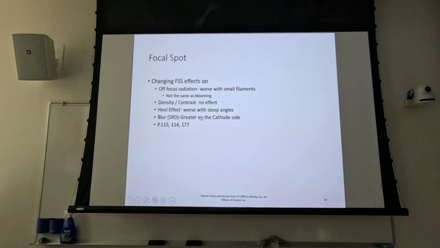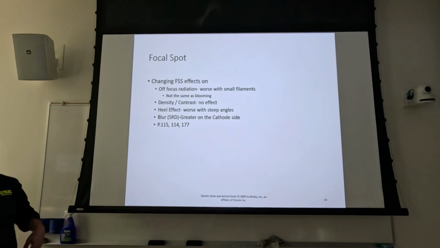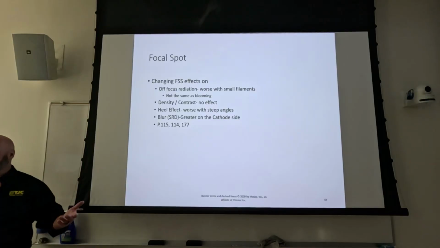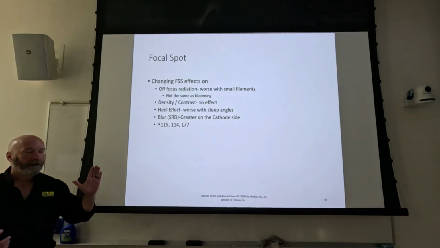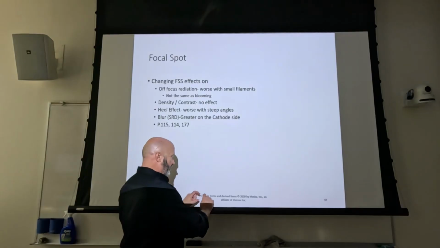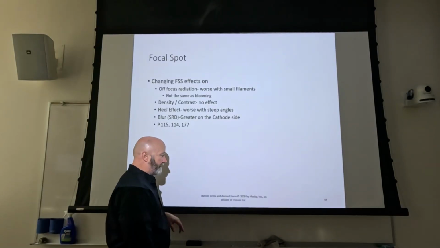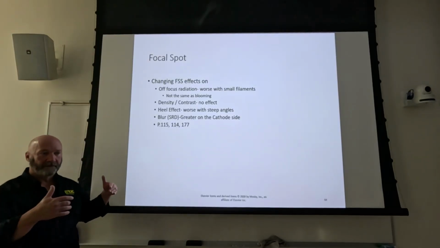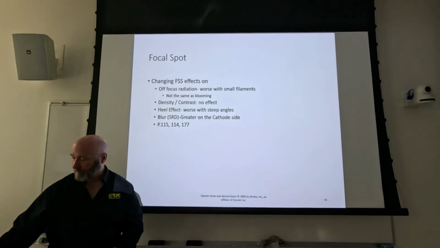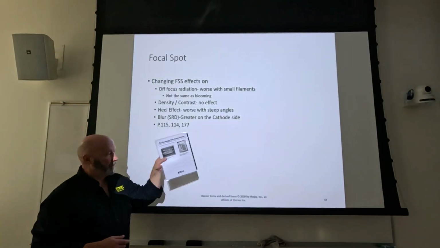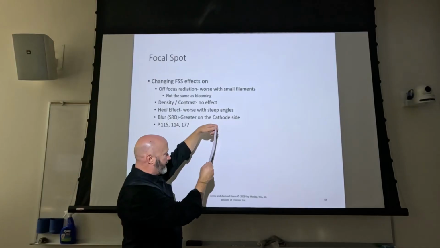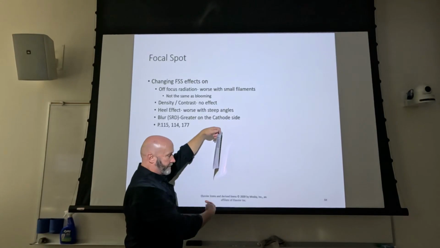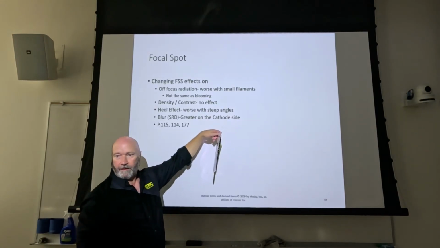The heel effect is, if you remember, the difference in intensity between the cathode and the anode end of the X-ray tube, and it's due to the filtration effect of the anode itself. So if the writing at the bottom were to reflect the window where all the X-rays exit, and this were to represent the anode, then in order for X-rays to exit through this end, they're going to have to penetrate a portion of the anode, right?